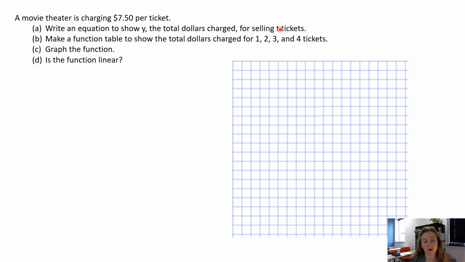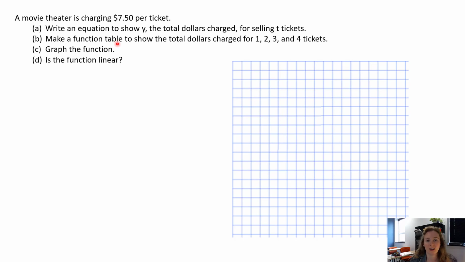So basically, we're going to be showing how we calculate the total dollars based on the number of tickets sold. In part B, we're going to make a function table. This is something that we've gotten a lot of practice with over the last month or so. We've seen a lot of function tables, and we've also made some ourselves, practicing calculating those outputs based on inputs.